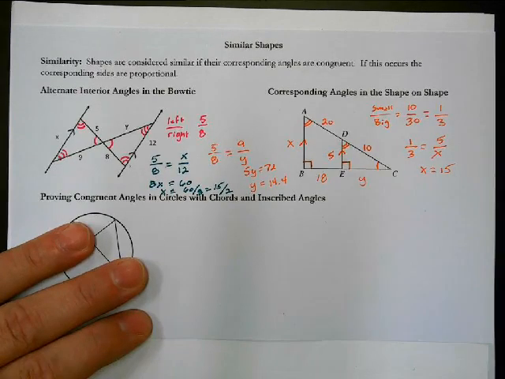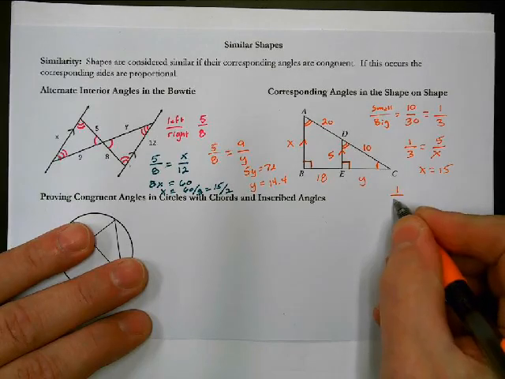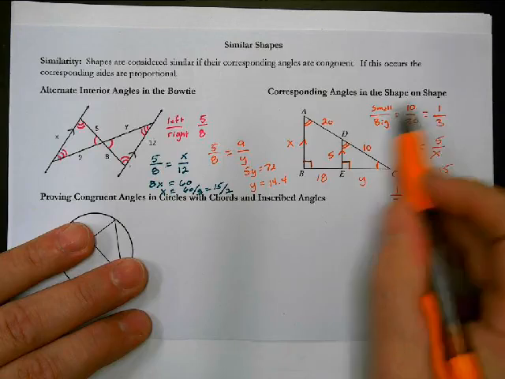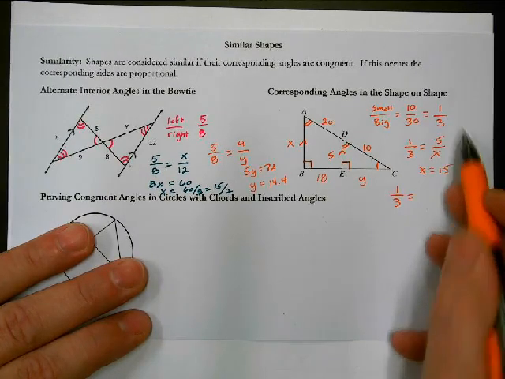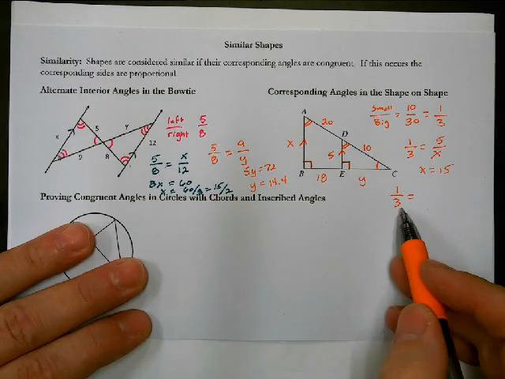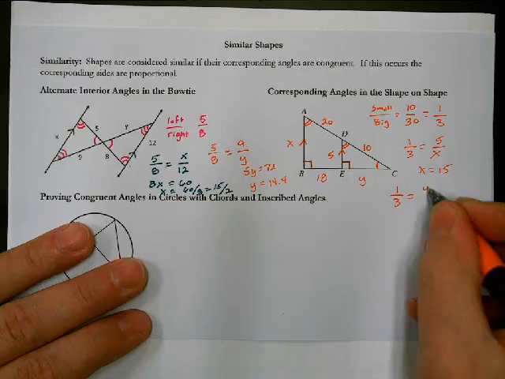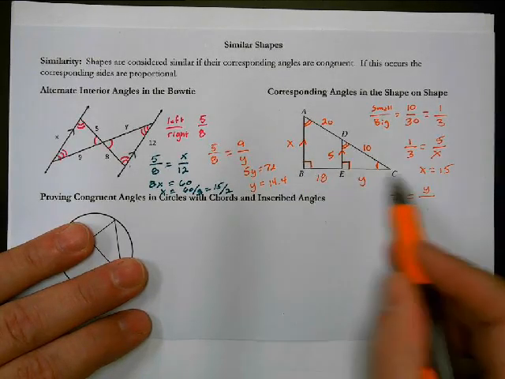If we wanted to solve for y, we got 1 over 3, small to big. We got that from our ratio up here. We call it a scale factor. So I can see that I got a ratio of 1 to 3. Y is from the small triangle, and then the big triangle is this whole side.